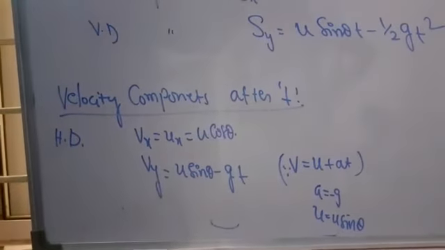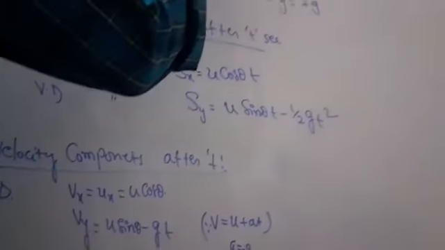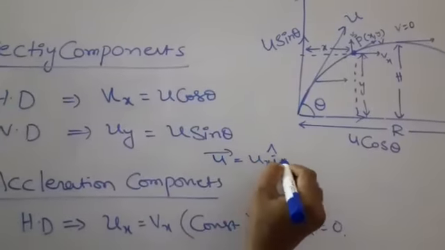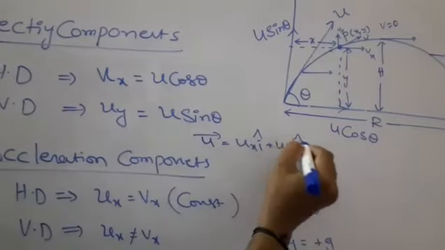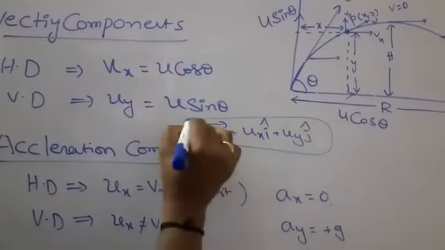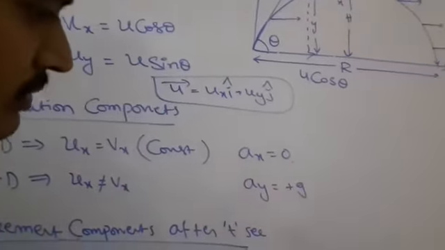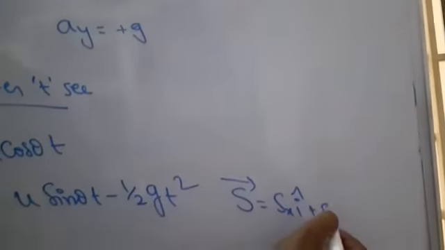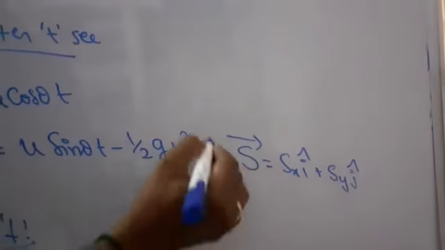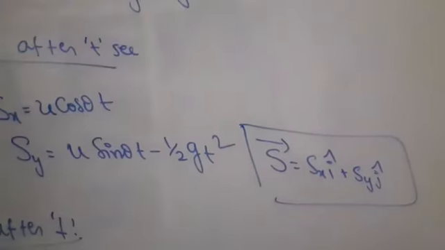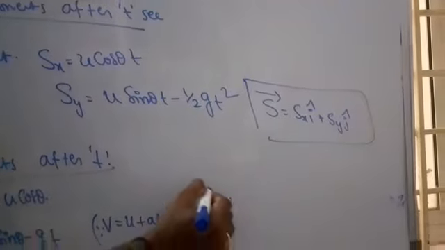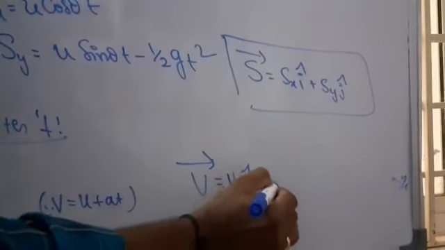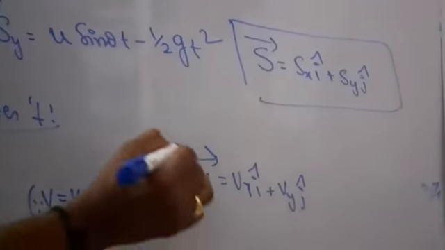The initial velocity vector is u equal to ux i cap plus uy j cap. The displacement vector is equal to sx i cap plus sy j cap. The final velocity vector is equal to vx i cap plus vy j cap.